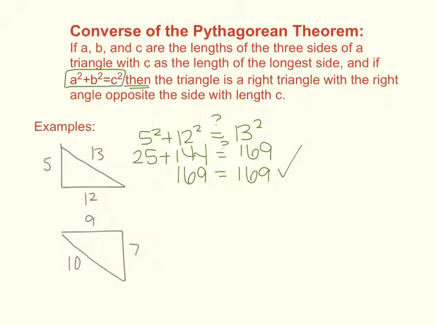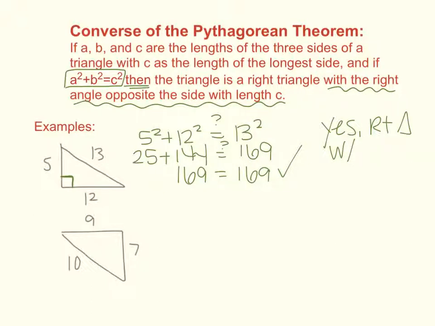So that tells me, if we read this, with the right angle opposite the side with length C, that this guy is the right angle. So yes, right triangle, and we wanted to label this ABC with angle A equal to 90 degrees.